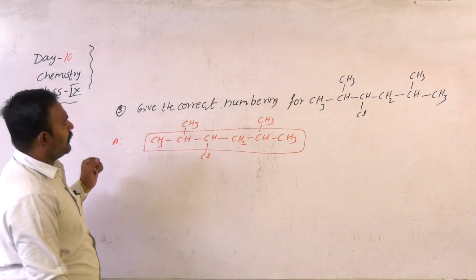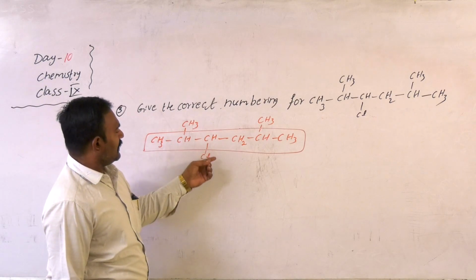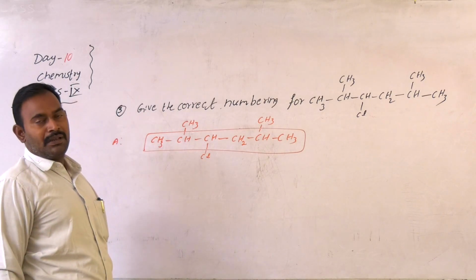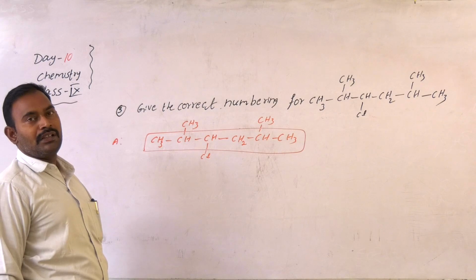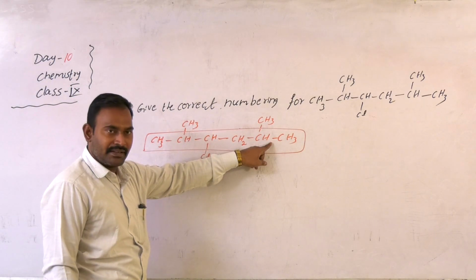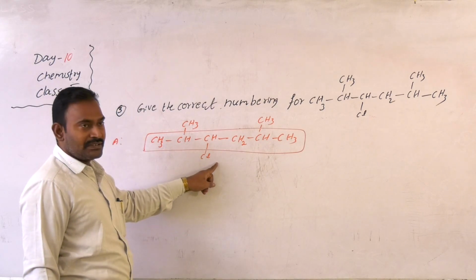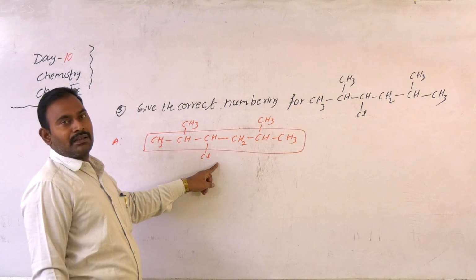No problem. Next, by giving the numbering, the branches and substituents should get the least number. The priority is according to alphabetical order. Here a methyl is on the second carbon, and here also a methyl is on the second carbon. But here chloro is present on the third carbon. If we go like this, the chloro group comes at the third carbon.